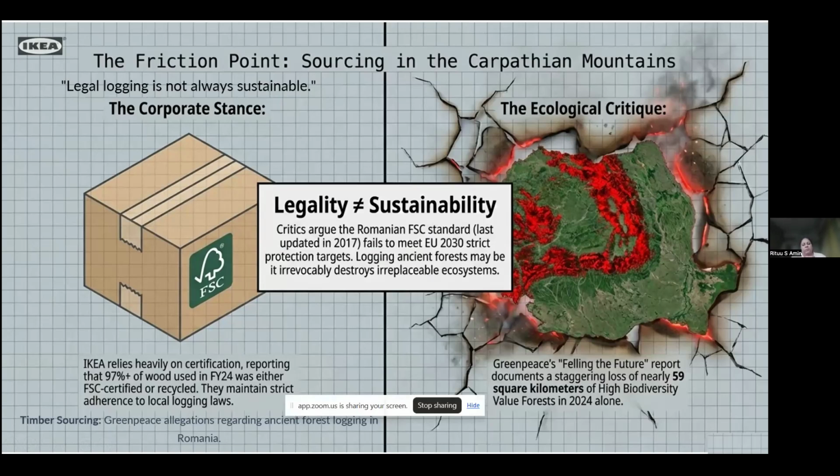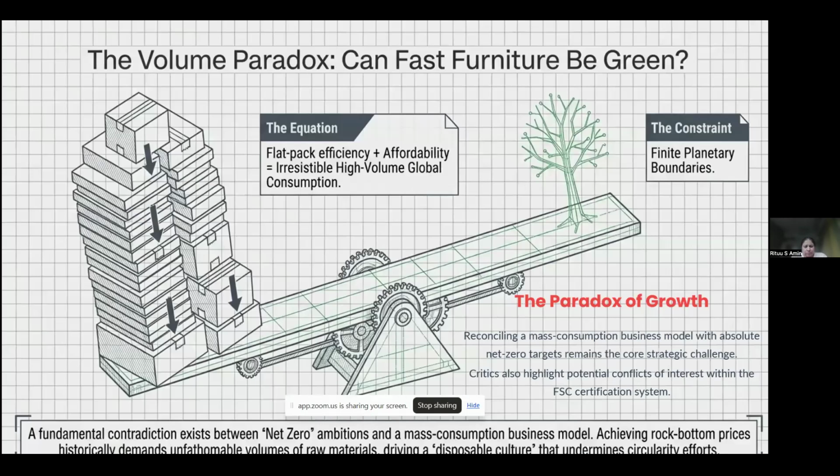Critics argue the Romanian FSC standard, last updated in 2000, fails to meet EU 2030 strict protection targets. Logging ancient forests may irrevocably destroy irreplaceable ecosystems. So this is the challenge that they faced.